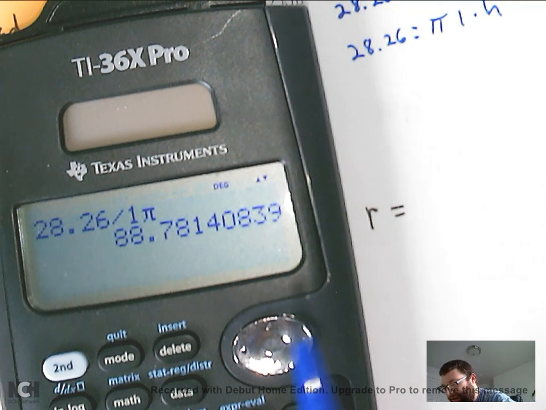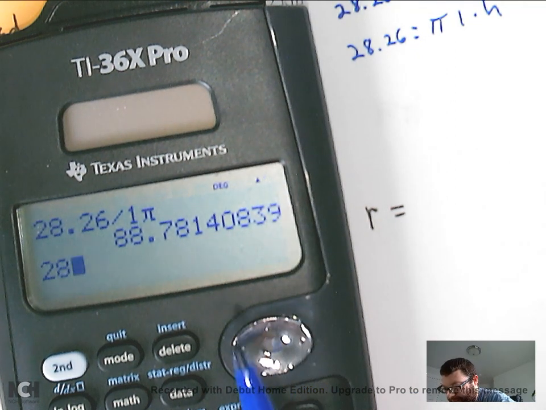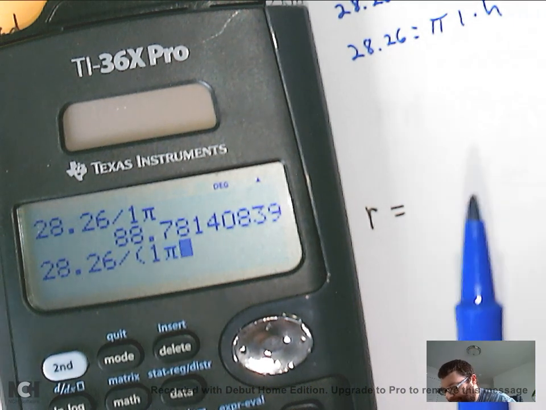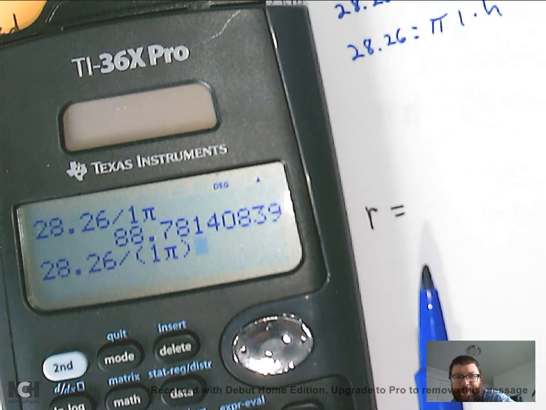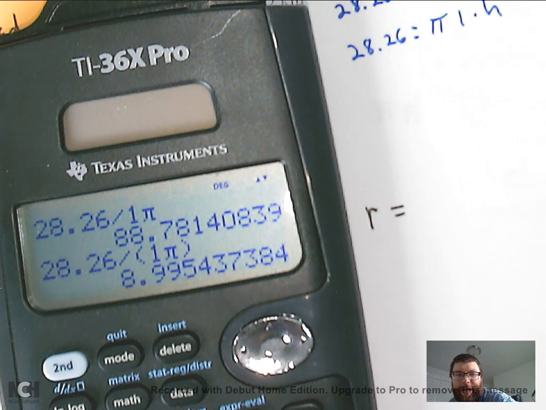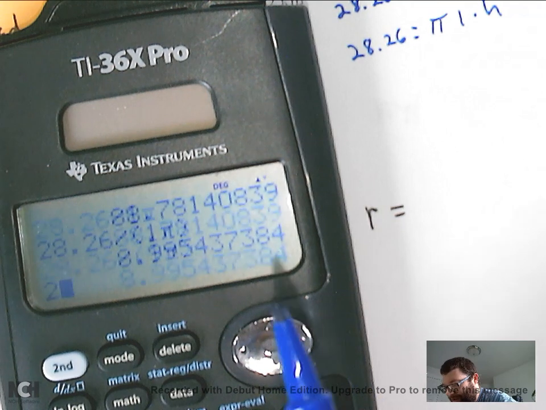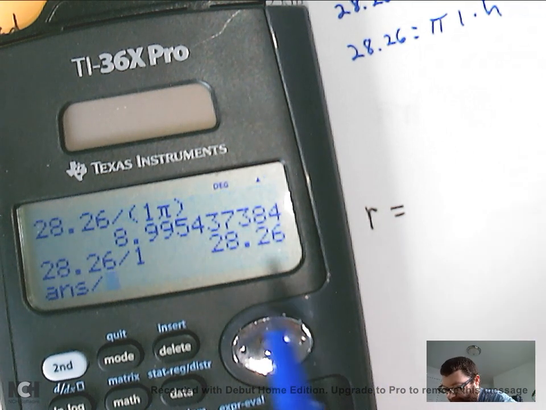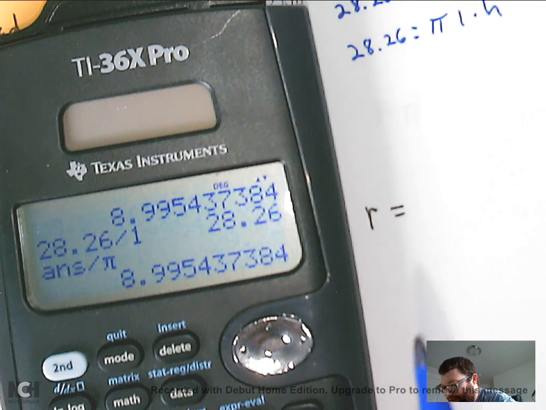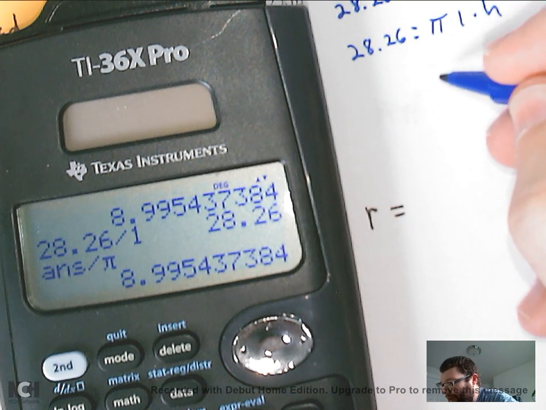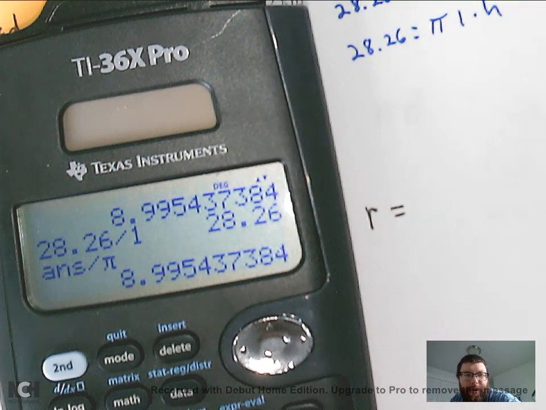So if you actually want to divide them both together, you have to do 28.26 divided by parentheses 1 pi. Kind of like what you have to do when you have a negative number being squared. And then you'll get the right answer. So again, if you divided by 1 and then divided by pi, you end up with the same answer either way.